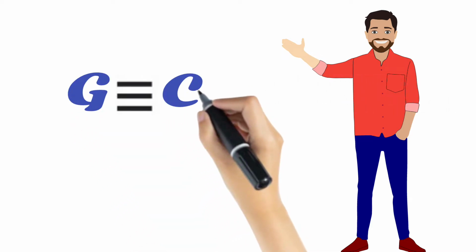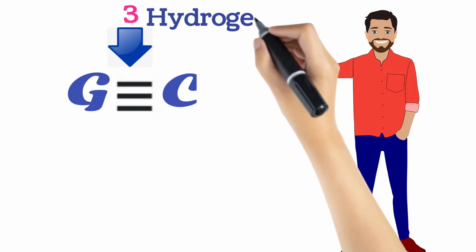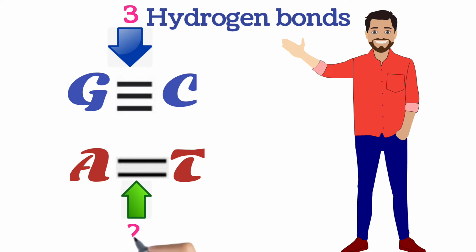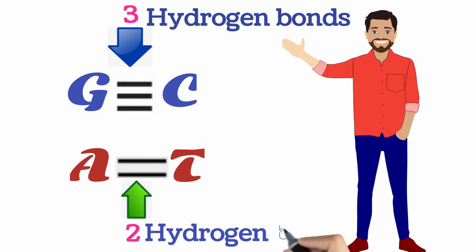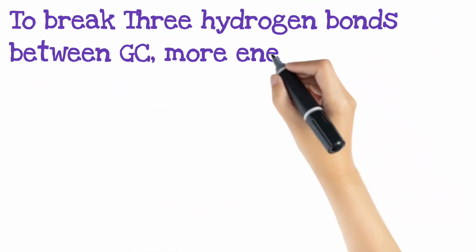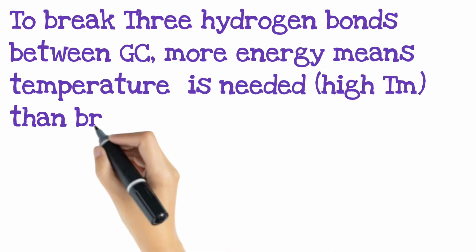Now G pairs with C with 3 hydrogen bonds and A pairs with T with 2 hydrogen bonds. Look at the screen. As 3 hydrogen bonds are present between G and C and only 2 hydrogen bonds between A and T, more energy, that is temperature, is needed to break a GC bond than an AT bond.